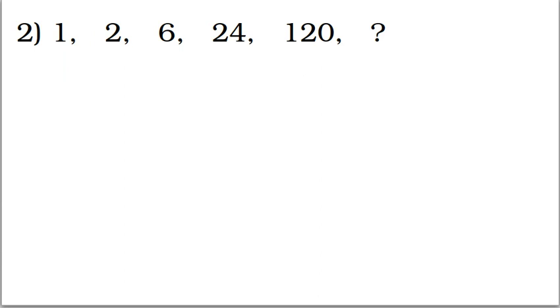If you observe the first two numbers 1 and 2, how can we relate these two numbers? 1 into 2 is 2. Can we relate 2 and 6 in the same way? Yes. 2 into 3 is 6. 6 into 4 is 24. 24 when multiplied by a number should give you 120.